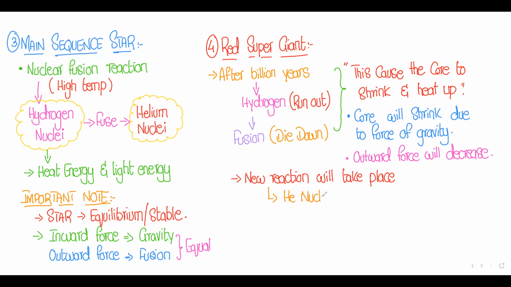This will undergo fusion reaction. Now it will start fusing, and the fusion reaction will continue in the form of helium nuclei, and it will form another type of nuclei that is known as beryllium. So this is the new type of reaction, right?